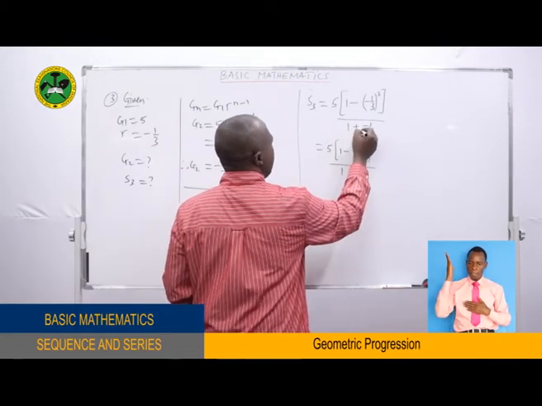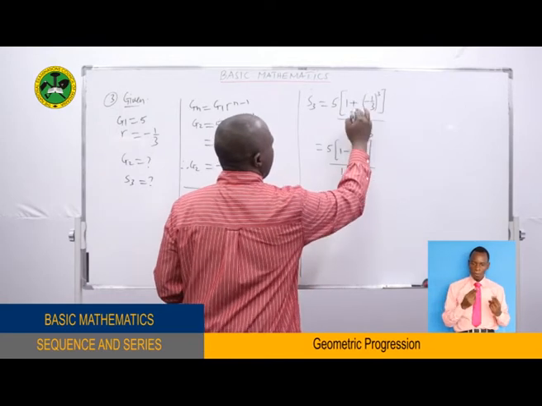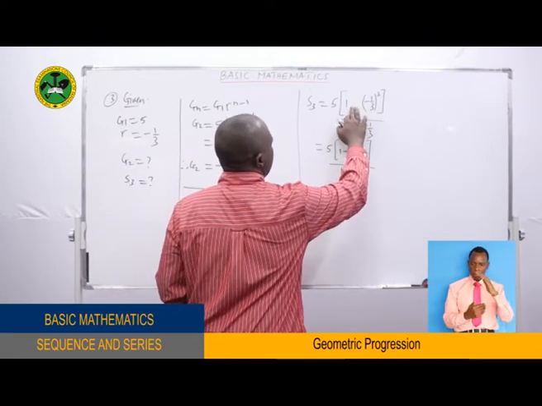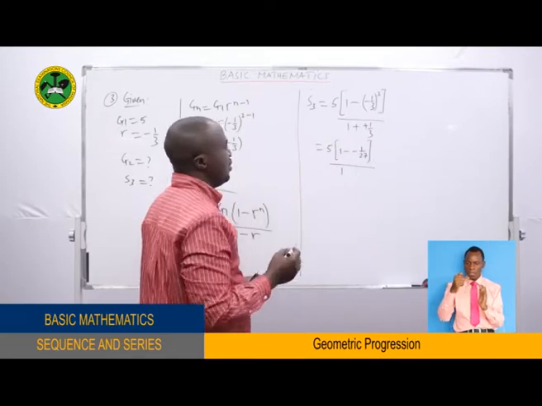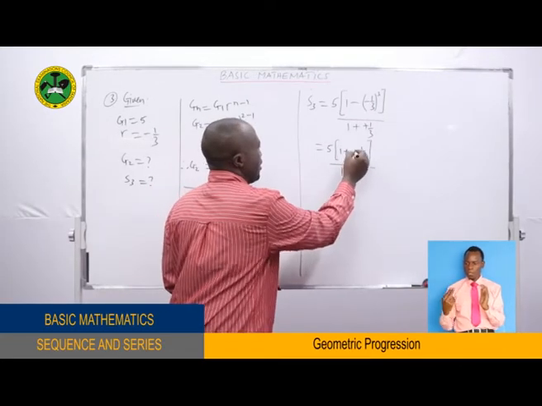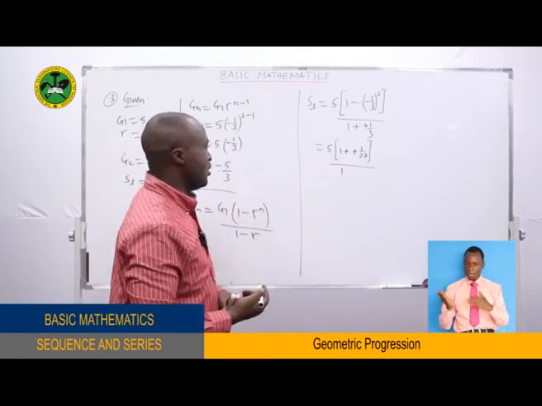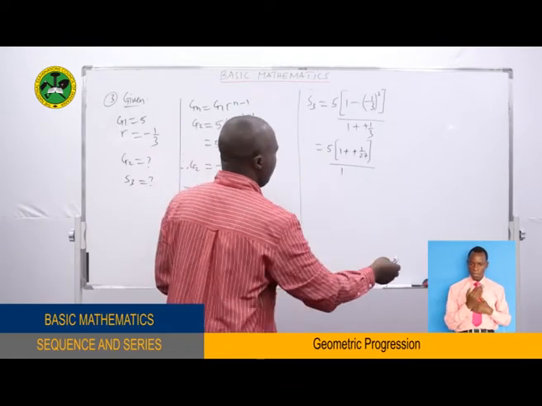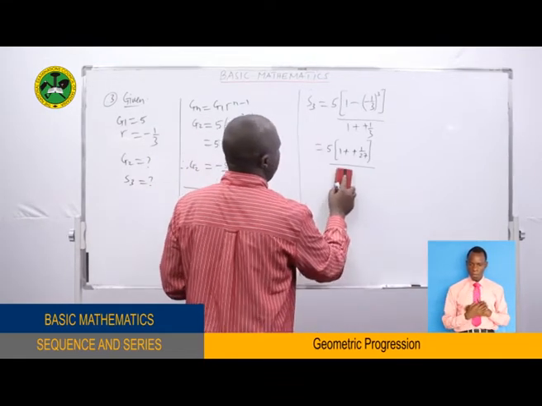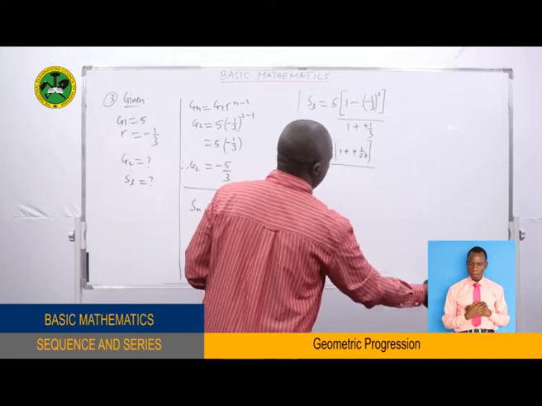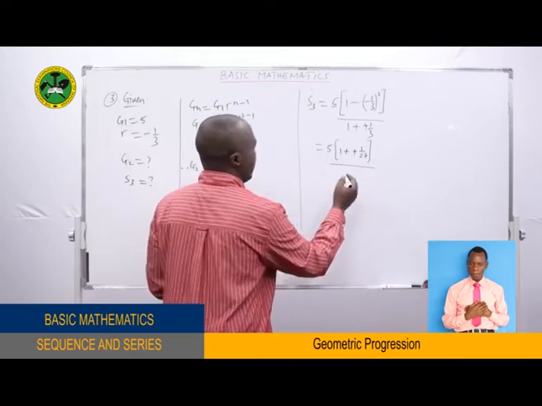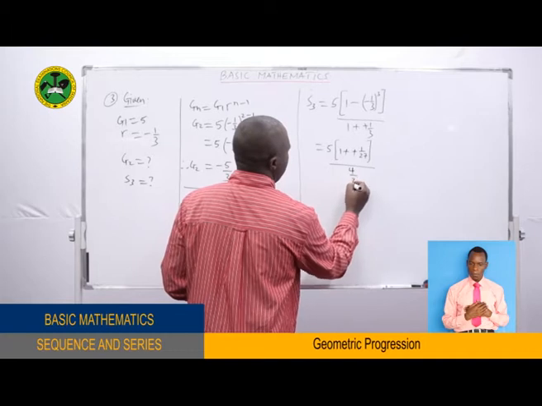Of course, this one is plus, the same 2. Here that is 1 plus 1 over 27. So in this case, we take 1 plus 1 over 3. So here we are going to have 4 over 3.